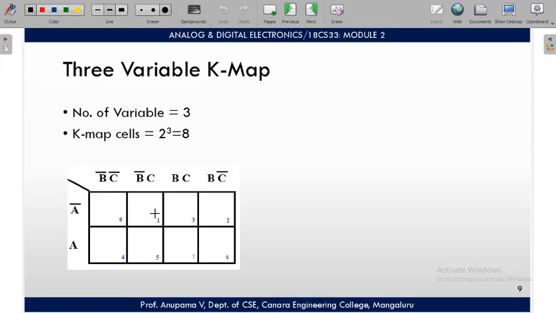The first minterm entry should be entered in location 1. The second minterm entry should be entered in the last column, and the third minterm entry should be entered in location 3. Similarly, the fourth minterm value should be entered in location 4. The fifth minterm entry should be entered in location 5. The sixth minterm entry should be done in the sixth location, which lies in the last column, and the seventh minterm entry should be done in location 7.